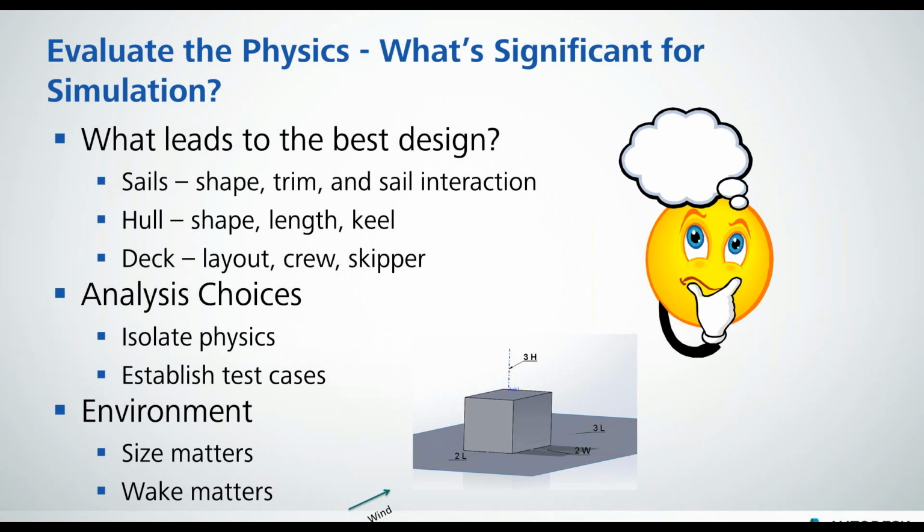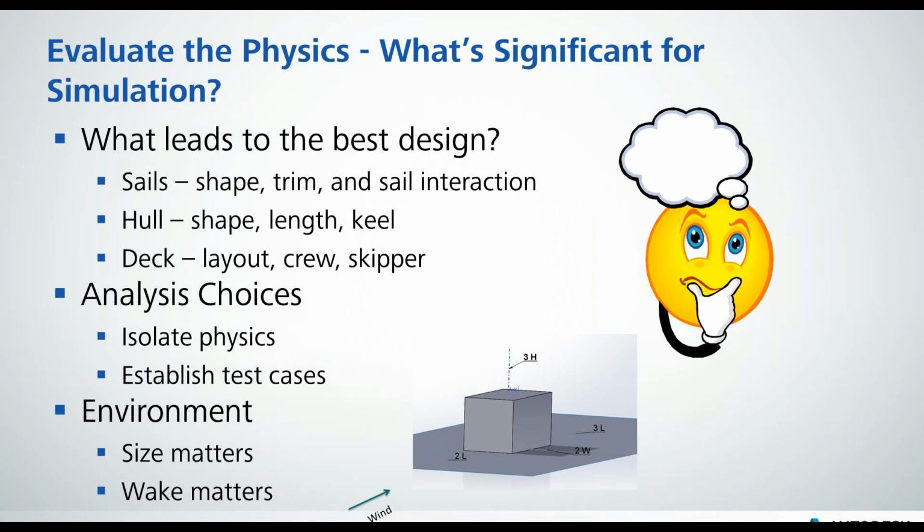But we can also look at the hull. You've got the shape of the hull that changes all the maneuverability of the sailboat. The length of the hull that might affect the overall speed because of the bow length. Or the keel, without which your boat's not going to go where you want it to. So any of those design parameters could matter too. Well, now we're talking about water over the hull, different physics.